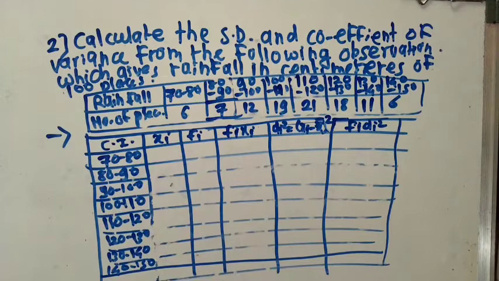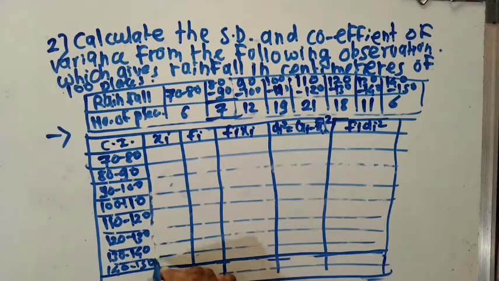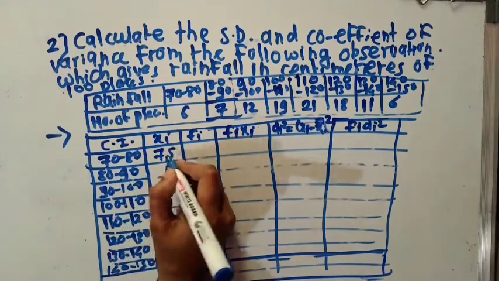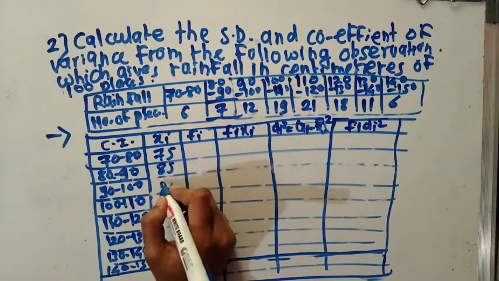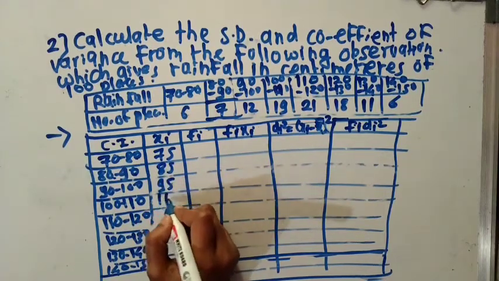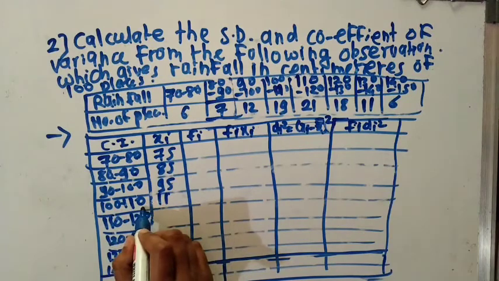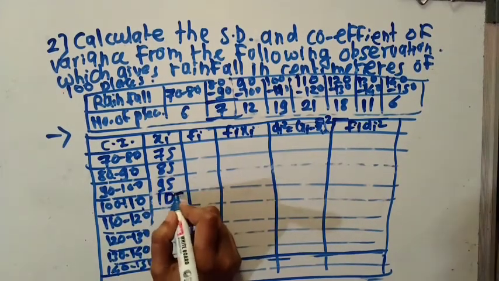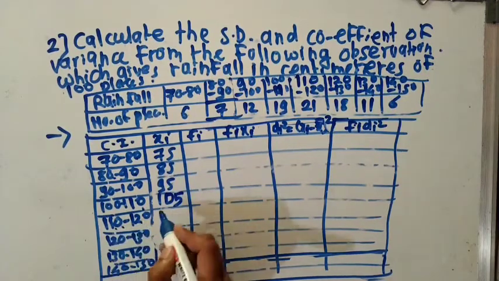Then find the mid values: 75, 85, 95, 105, 115, 125, 135.